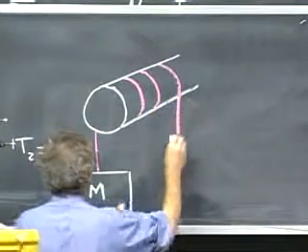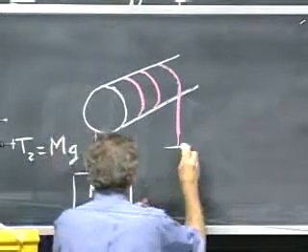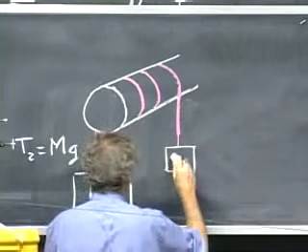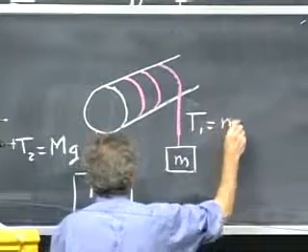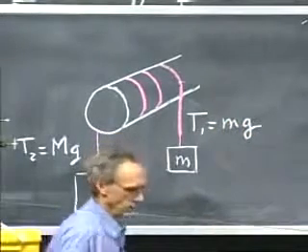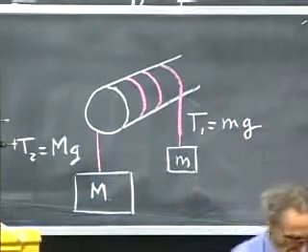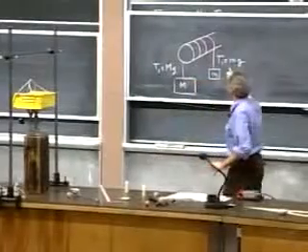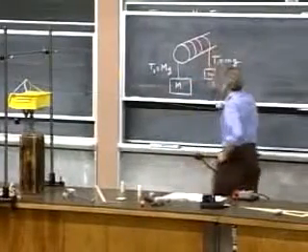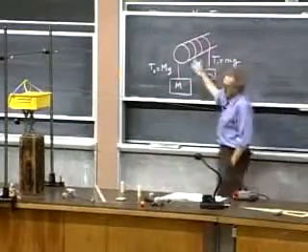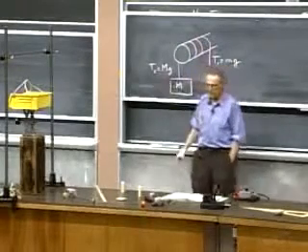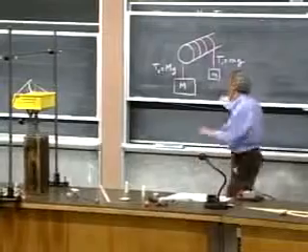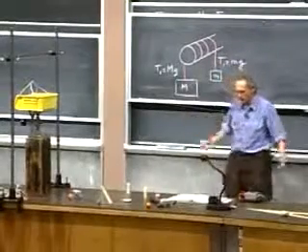And here I hang an object which is substantially less in mass, which is m, little m, and the tension equals mg. If there is no friction at all in this bar, and the rope is near massless, then T1 will be the same as T2, so the situation will start to accelerate.